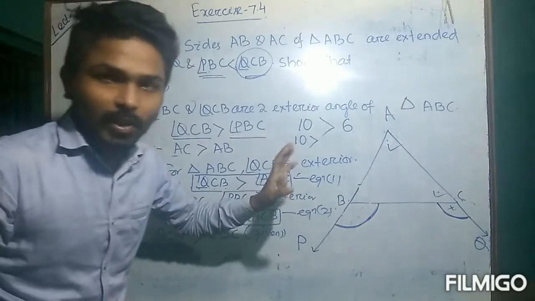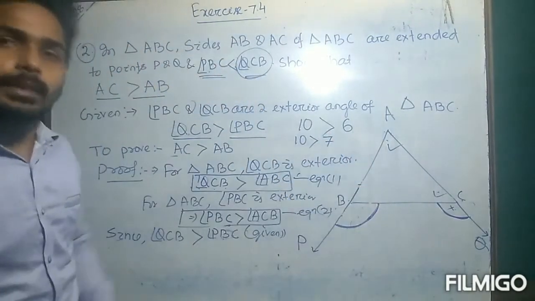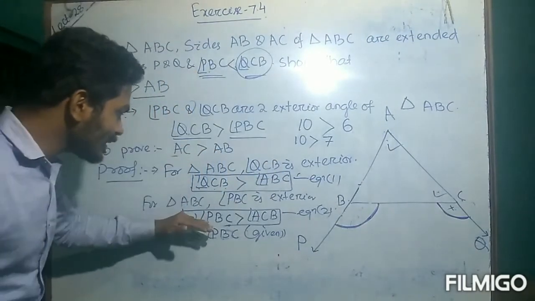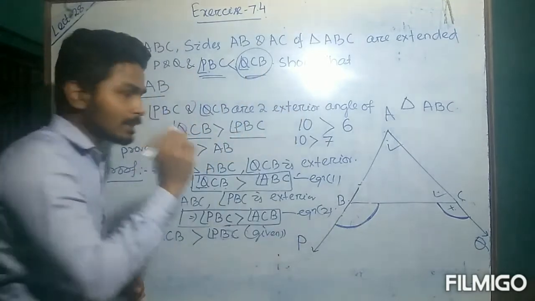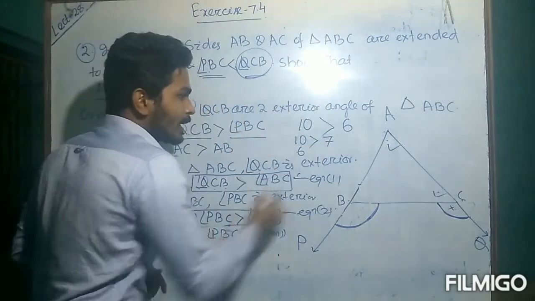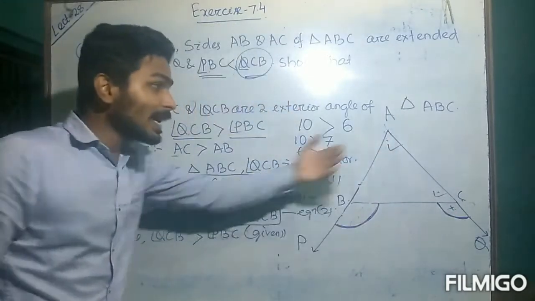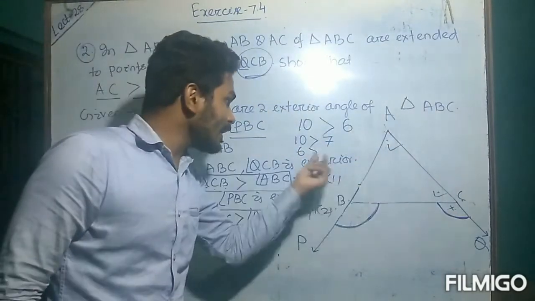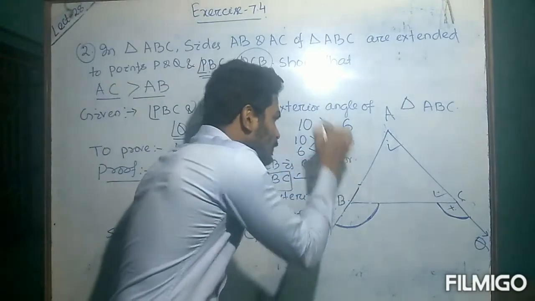The value of ABC is not given. Let's say ABC is 7. In equation number 2 it is given PBC, which we have taken as 6, is greater than ACB. So we have to take the value of ACB such that it is less than 6. Let's say I choose 4.